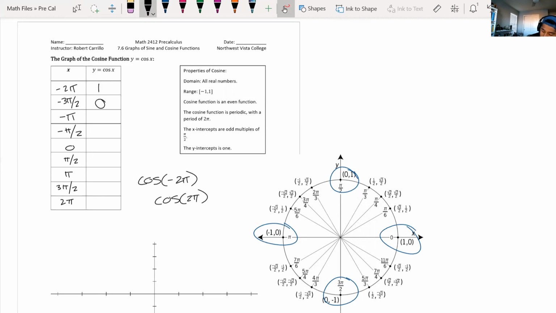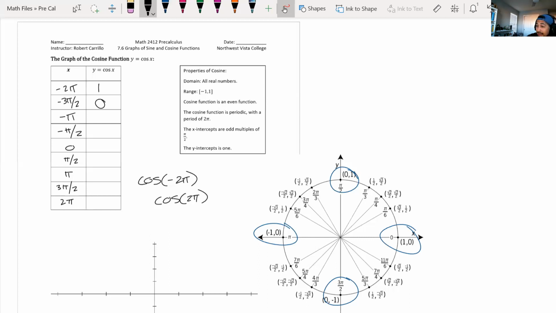What about the cosine at negative pi? One or -1. Which one is it? Let's say 1. Ooh. If it's the cosine of negative pi, remember it can be rewritten as the cosine at pi.